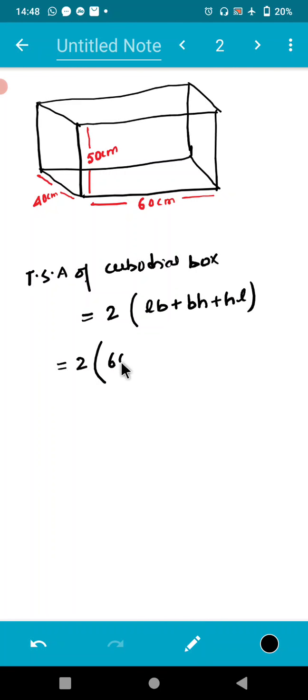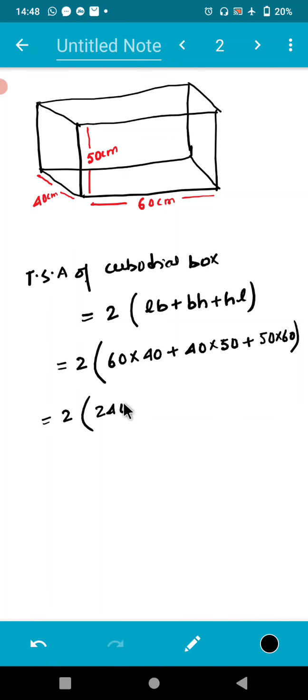L is 60, breadth is 40, height is 50, height is 50, length is 60. Now 2400 plus 2000 plus 3000.